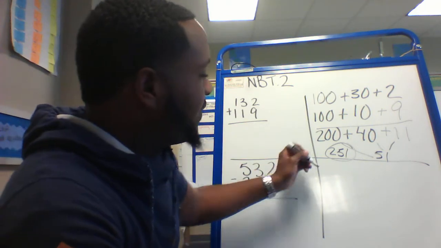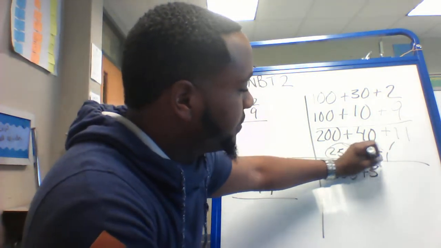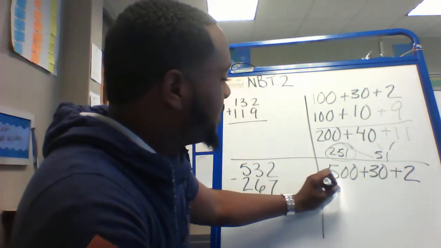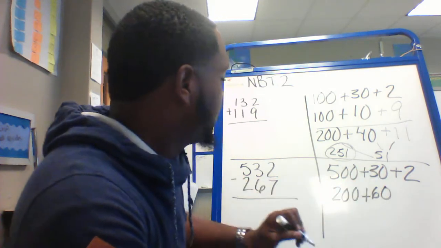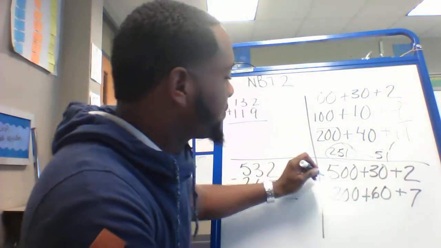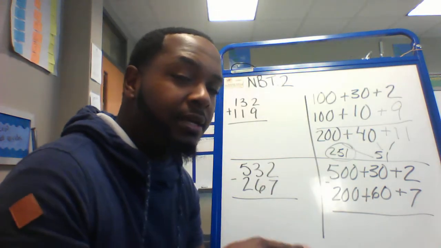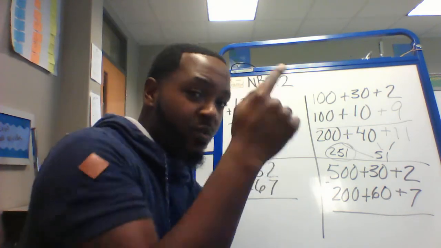Okay, so now we have 500 plus 30 plus 2. So 200 plus 60 plus 7. So when I get ready to subtract, watch how I borrow, opposed to when we were in school way back.